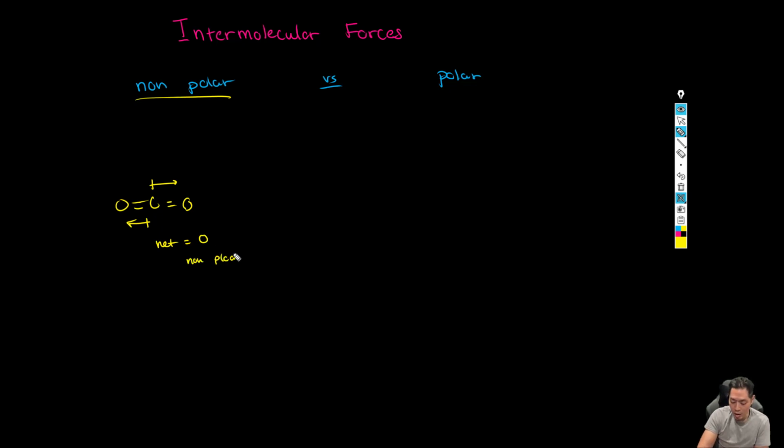So when something is non-polar, the only interaction that it has is London dispersion force. And it's kind of weird again. So remember, if we look back to here, most likely these electrons are right here. Okay, but they can shift. You know, it could get closer to carbon, it could get closer to oxygen.